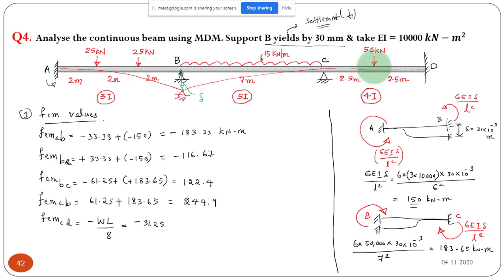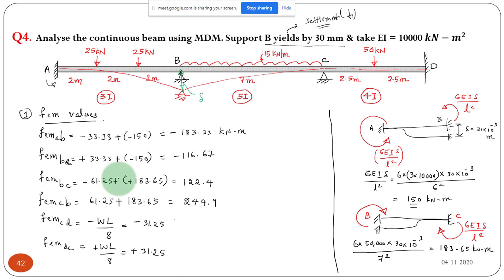In this span CD there is no effect of settlement, so you can do the normal procedure only. These terms will not be coming. So FEM DC will be clockwise, WL by 8 positive, so you will get positive 31.25. All are in kilonewton meter. I have not written the unit, all are in the same unit.